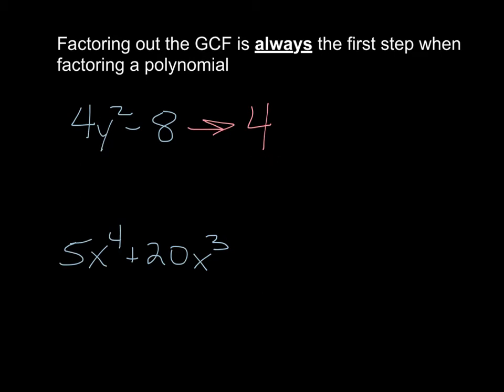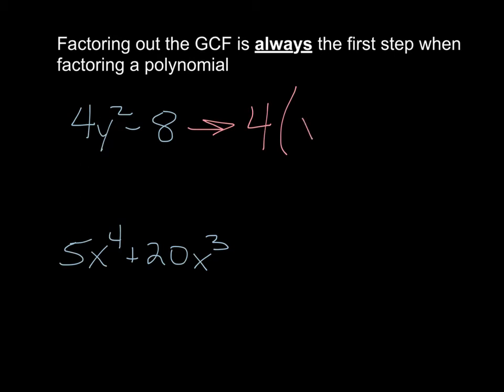Now, 4 by itself will not get us 4y squared minus 8. So this is the second part of this. You have to ask yourself, what times my factor, what did I take out, gives me every single term that's left over? So what times 4 gives me 4y squared?